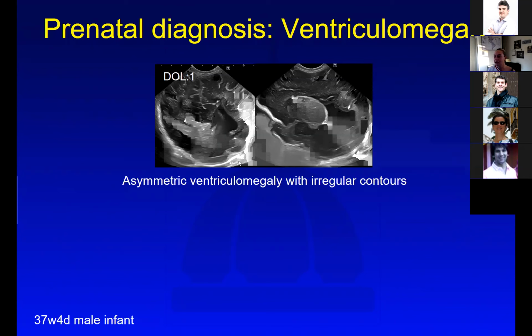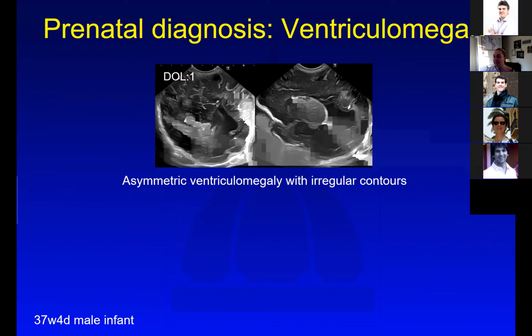And regardless of the imaging modality, when we're assessing the ventricular system, we want to look at the size, and we also want to look at the morphology. In addition to the asymmetric enlargement, you can appreciate the irregular nodular contour over here. This is highly suggestive of subependymal heterotopias, which is a kind of neuronal migrational disorder.